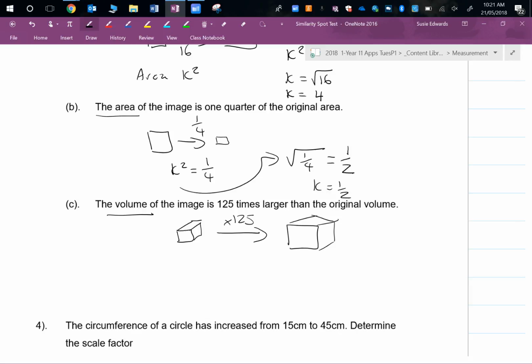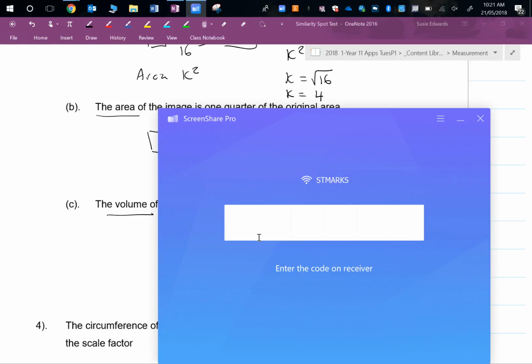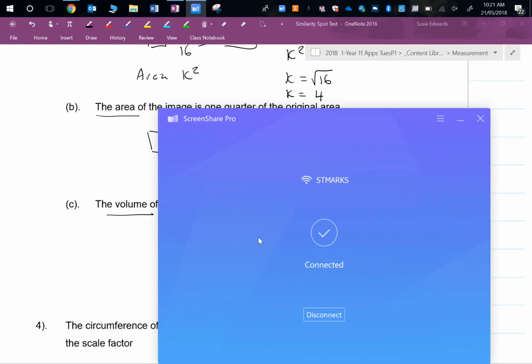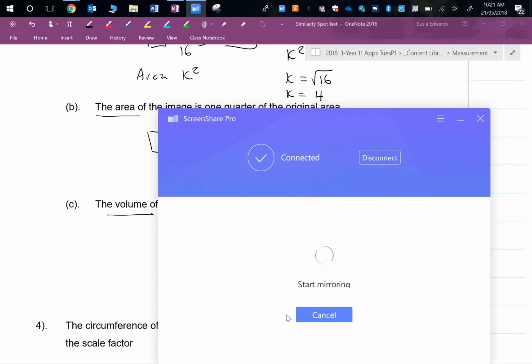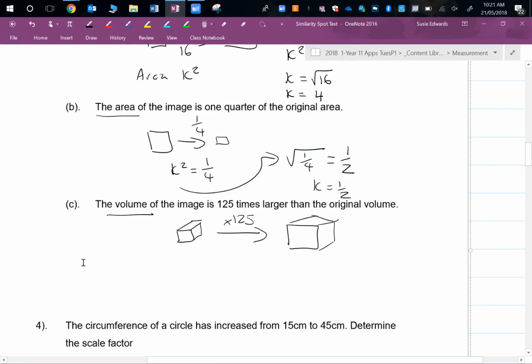So 125. What does that 125 represent? Does it represent k? It's larger by 125 times, and it's k to what? The power of 3.